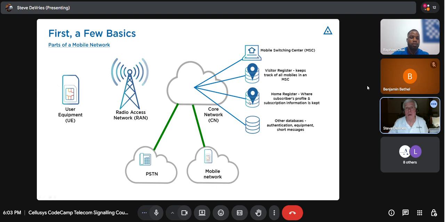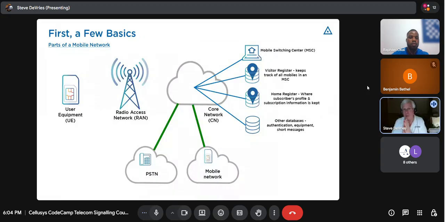Why is that important? Because any service that needs to find you will go to that home register first. So if I send you a text message, that text message has to go to your home register and say, where are you at? If I make a voice call to you, we've got to find what switch you're at, what mobile switching center you're at.